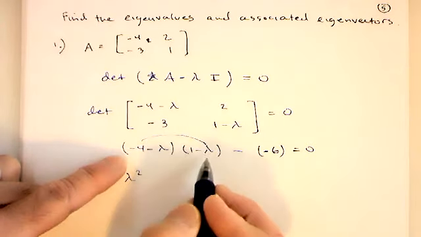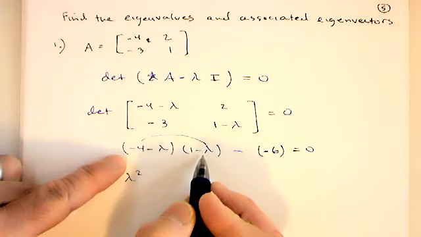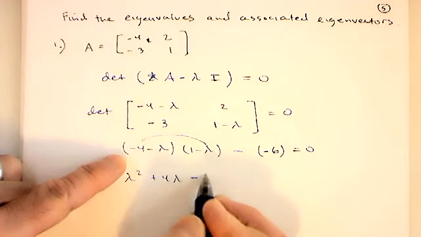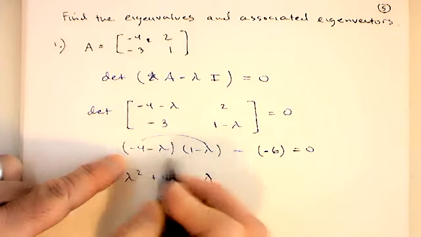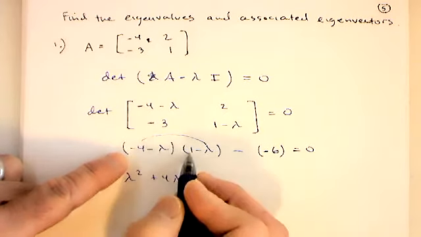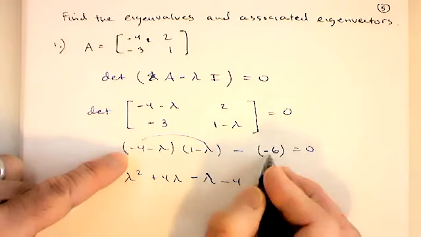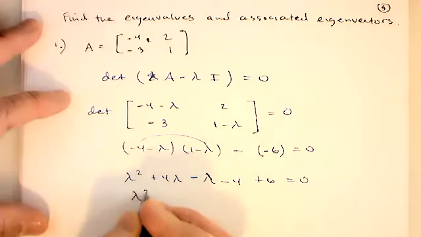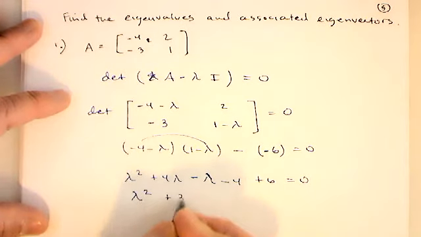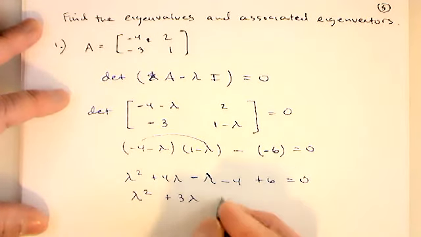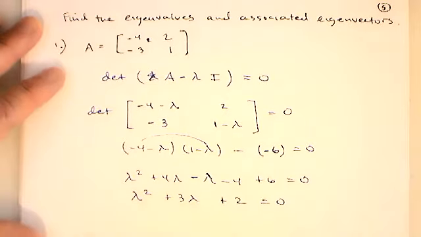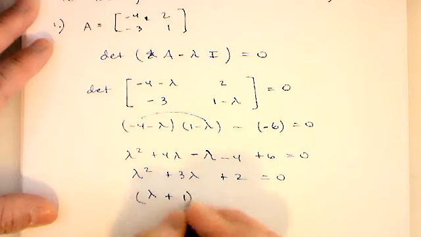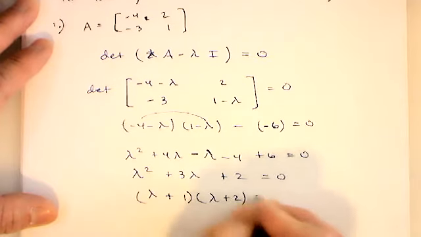This is going to give me +4 lambda, minus lambda for these two, that's +3 lambda. -4 plus 6 is +2. And this factors into lambda plus 1, lambda plus 2.